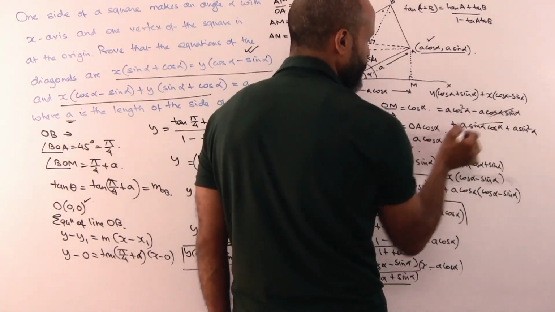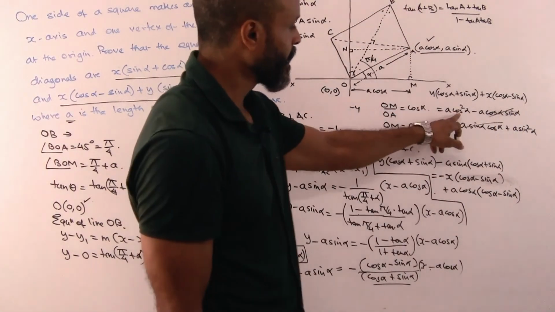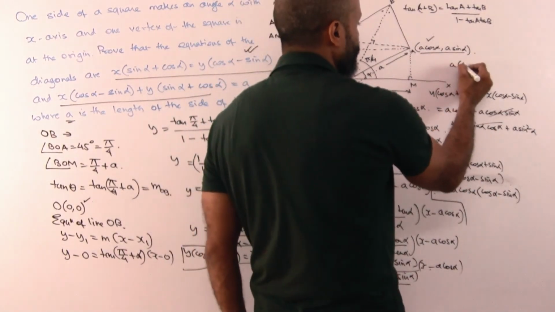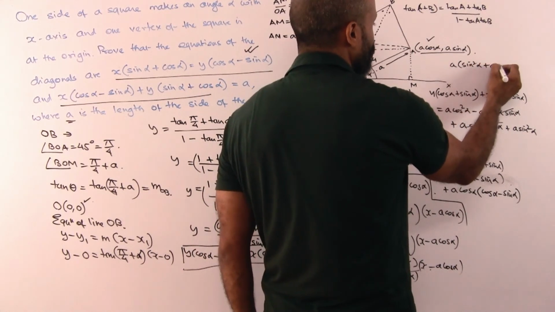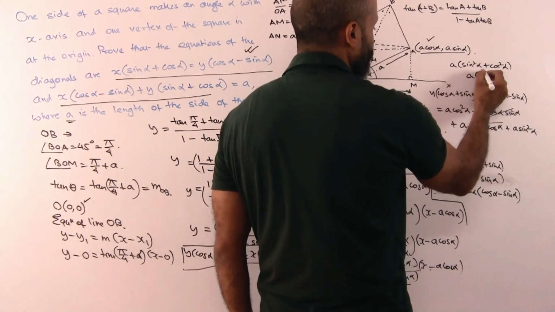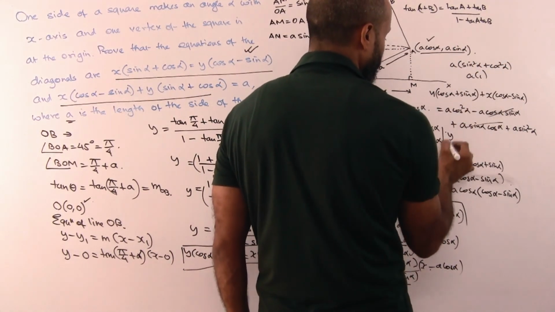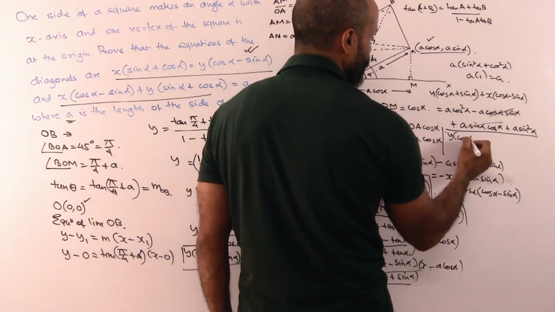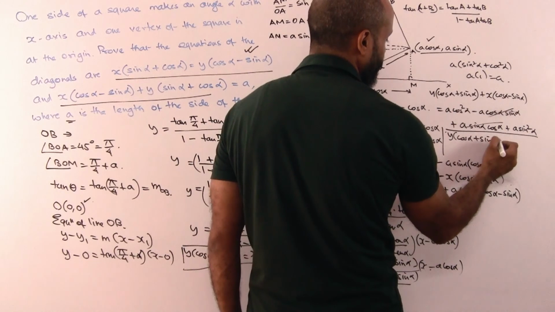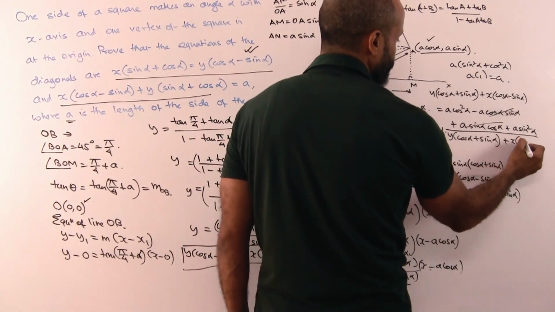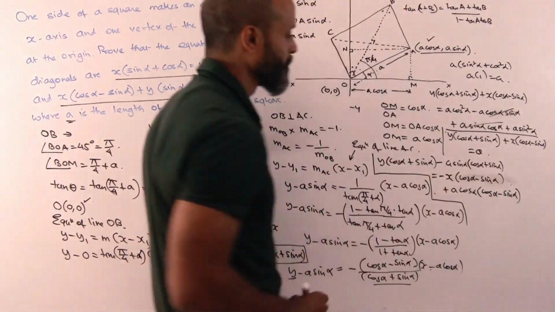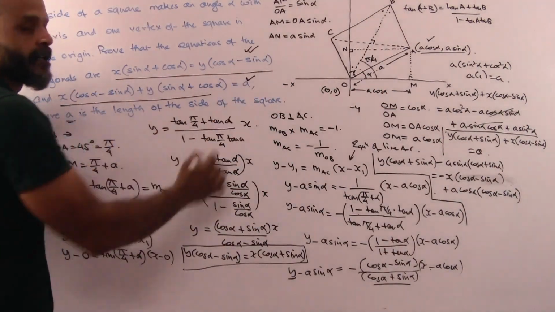So this and this get cancelled. What do we have here? A cos square alpha plus a sin square alpha. If we take a common, a times sin square alpha plus cos square alpha gives you 1, so this will be a into 1, that is a. So y cos alpha plus sin alpha plus x cos alpha minus sin alpha is equal to a, and hence it proves the second condition.